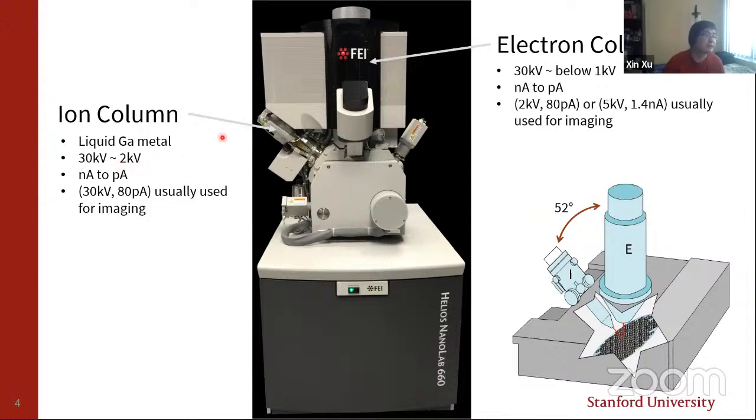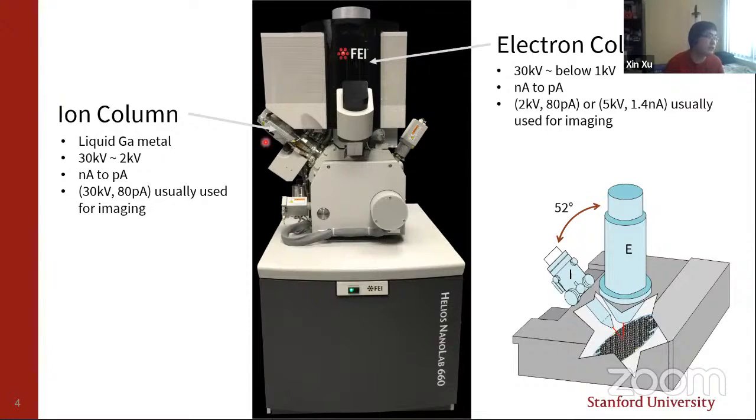Unlike the electron beam, people usually image the sample surface at higher voltage, like 30 kV, because at this high voltage you can have a good image quality with fine surface resolution. But if you use 5 kV or 2 kV, you will have very bad quality, which means the noise is very high. You cannot focus well.